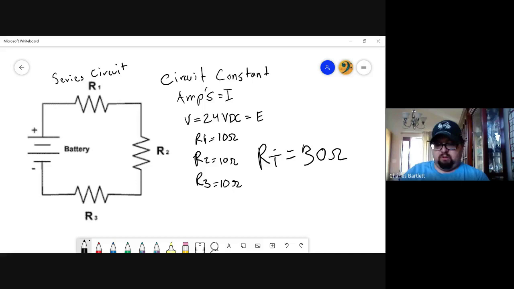With those two numbers, we can find our amps. So what was the math from the last one? It was E divided by R equals I. And if we needed to, we could go back to the pie chart. If we do that, 24, I'm going to do that in the calculator.